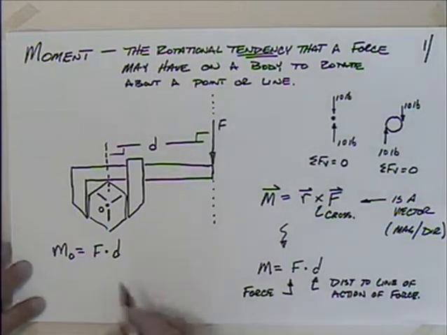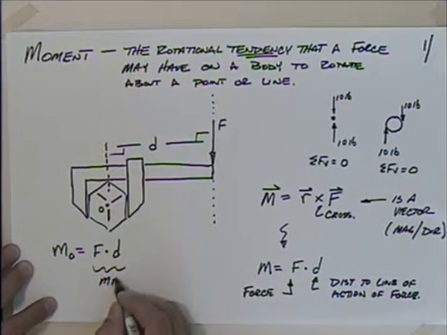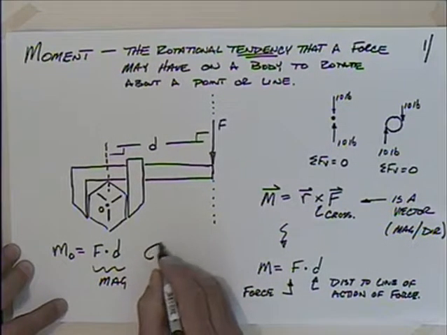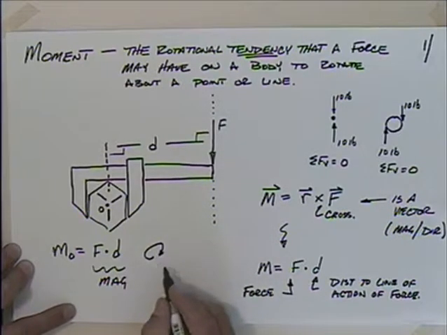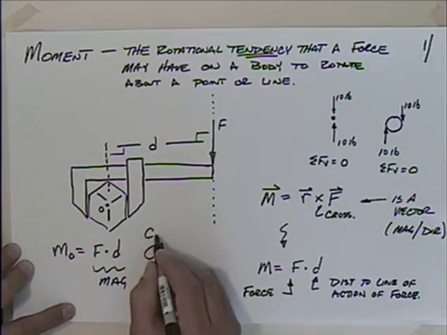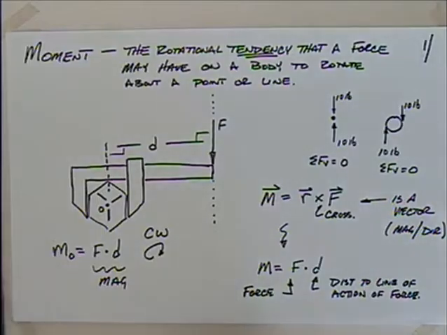So we have our magnitude here, and then our direction would be indicated like that, or we could say that it is clockwise. Clockwise versus counterclockwise, or I guess if you're sticking with the English accent, you could call it anti-clockwise. So I think they use that term a little more.